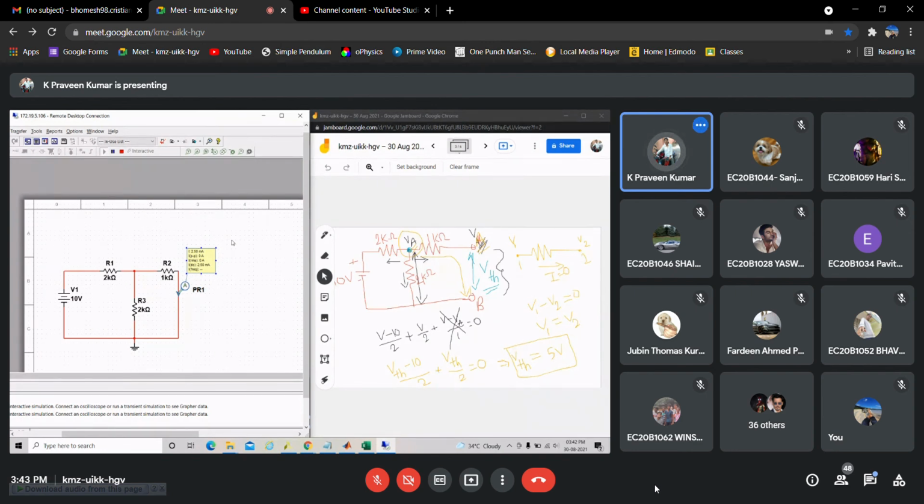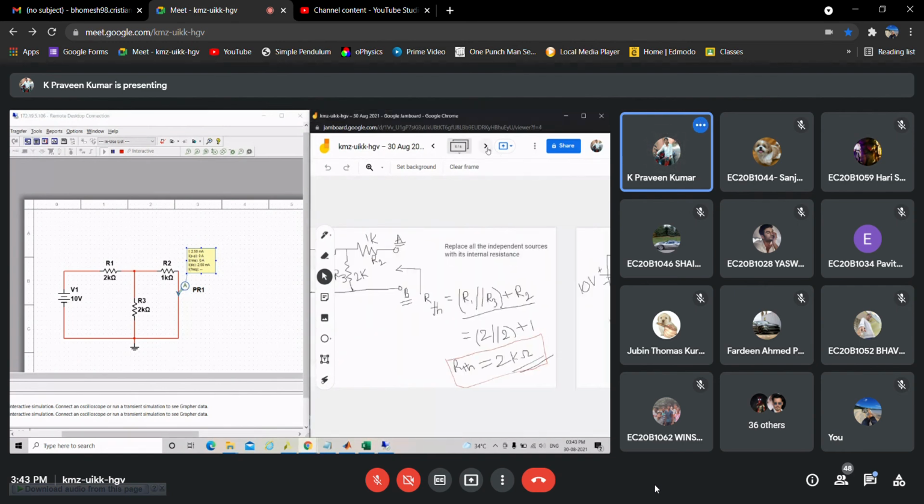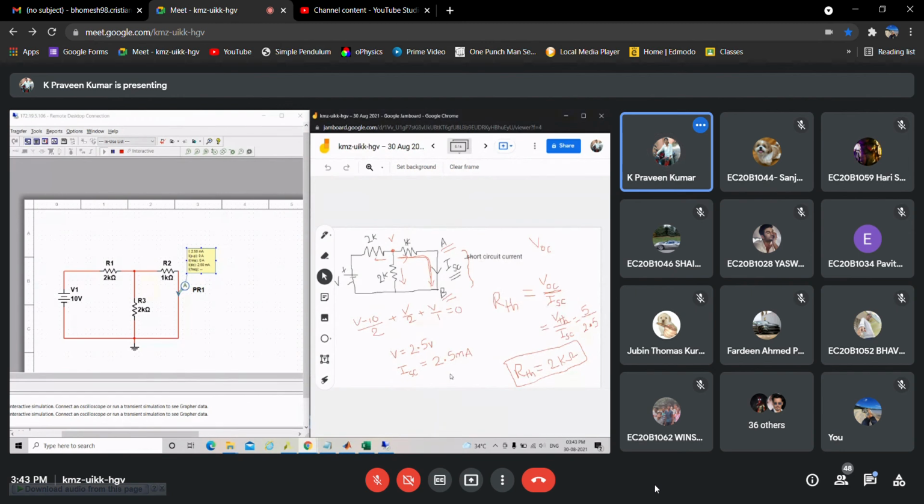If you are using an online tool, you'll have only probes; you won't have access to multimeters. So you can use the voltage probe and current probes like this. To calculate short circuit current, directly place a short at the terminals, then find the current through this probe. So that is 2.5 milliamp short circuit current, which is what we have already calculated.